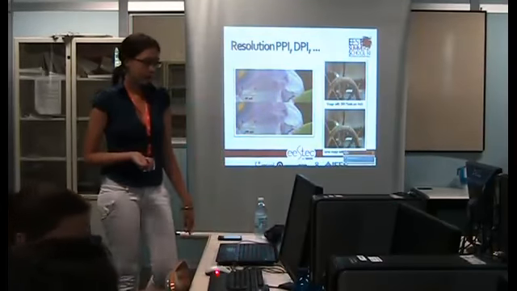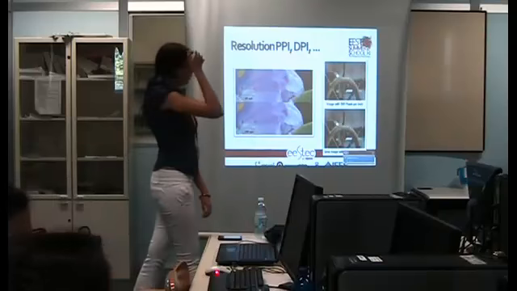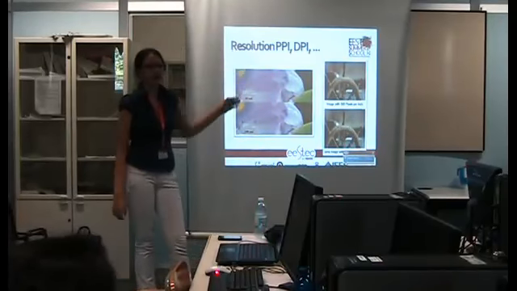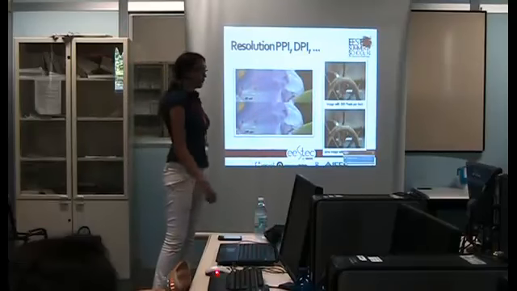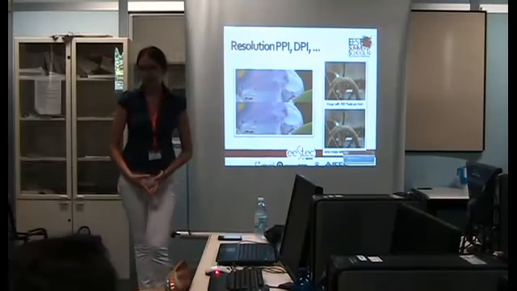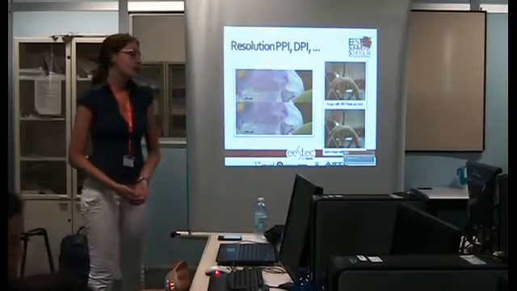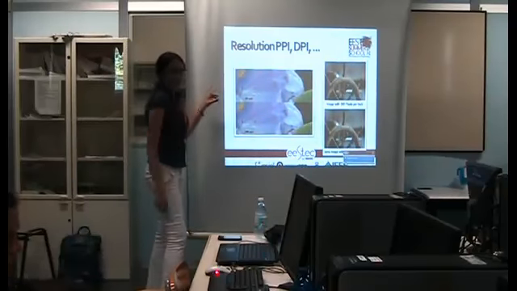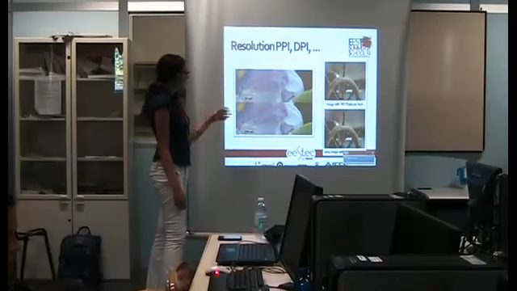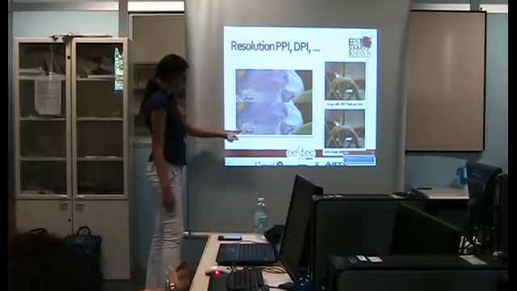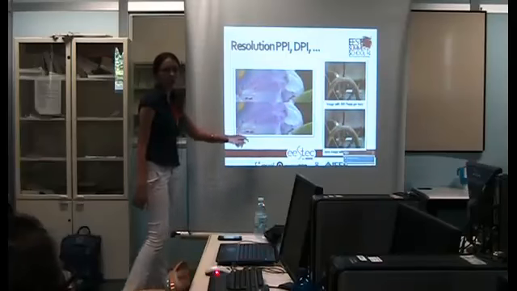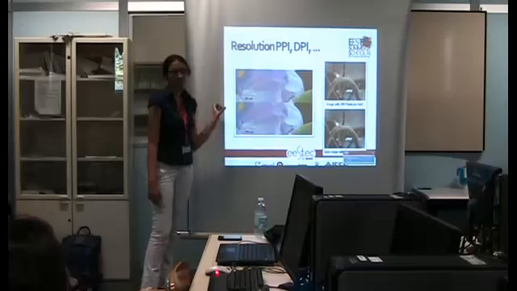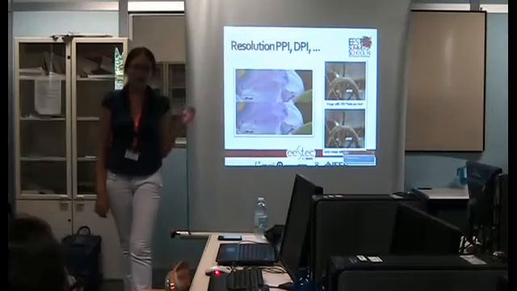About the resolution, we have things like PPI and DPI. What does that mean? PPI is short for pixels per inch. We have these two pictures here, these two flowers, and this little white ruler is 1 inch. In the upper picture we have 60 ppi, which means 60 pixels per inch.